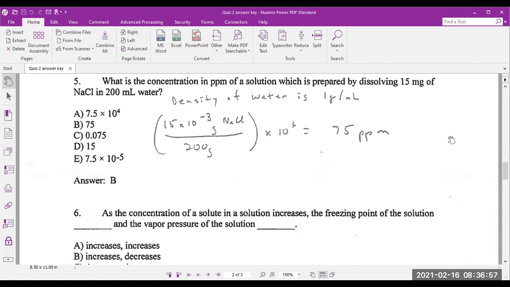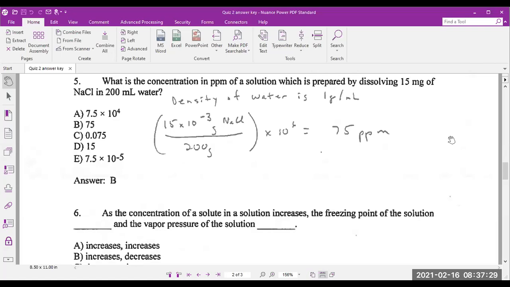One is if we are calculating parts per million, we want the analyte, the solute, in grams, and then we want the total amount in grams. So 15 milligrams, we needed to convert that to grams. I did that by remembering milligrams, 10 to the minus 3 grams. So 15 times 10 to the minus 3 grams of sodium chloride.